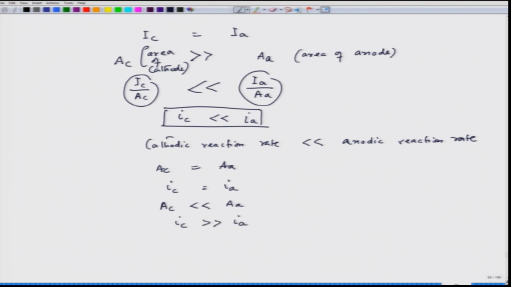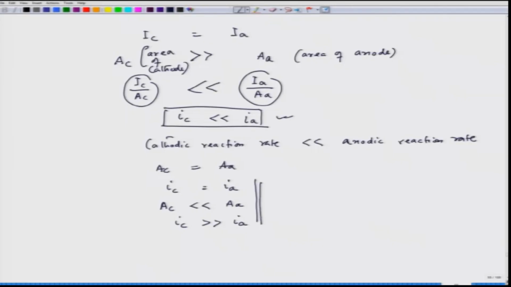Interesting is, in this situation the anodic current density is very high as compared to the other situation we considered. So, the dissolution rate of the anode would be so fast if we have a larger cathode area compared to the anodic area. The anode will dissolve to meet the electron requirement for the cathodic reactions on the cathode surface.